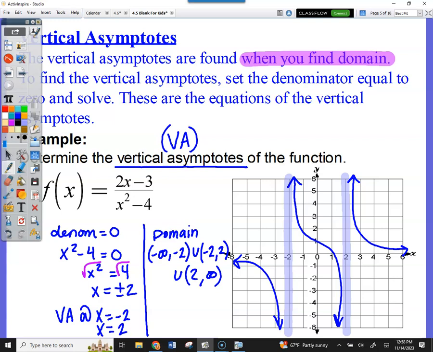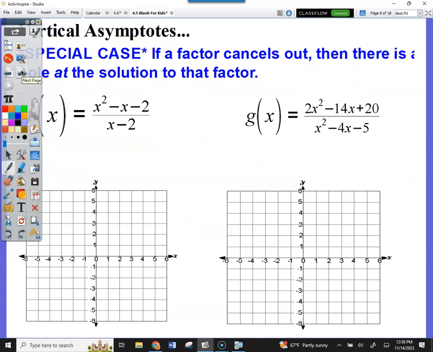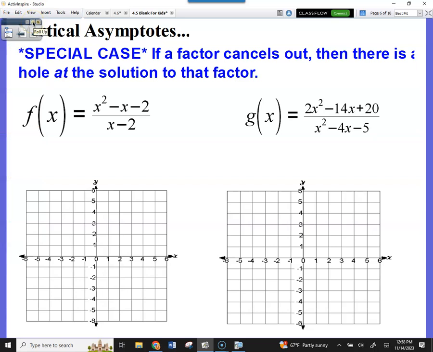Okay. The next one is, what if it's a special case? So let's go to this slide. Which means there's what in the graph instead of an asymptote? It's a hole. You gotta know your asymptote from a hole in the graph.